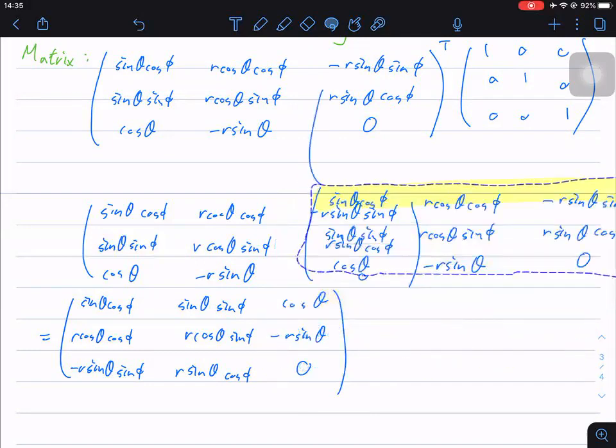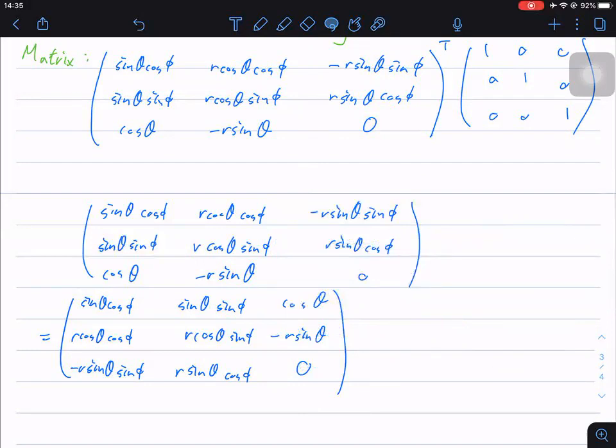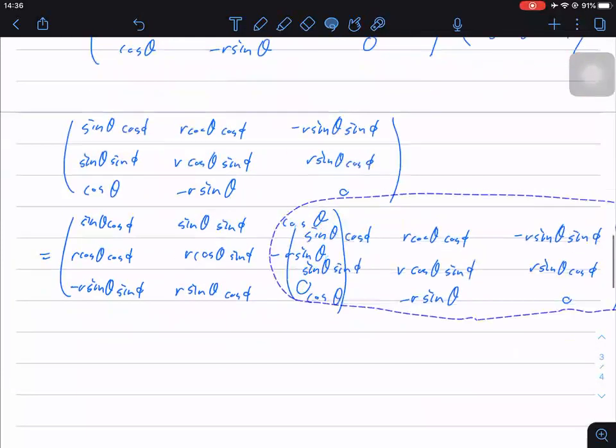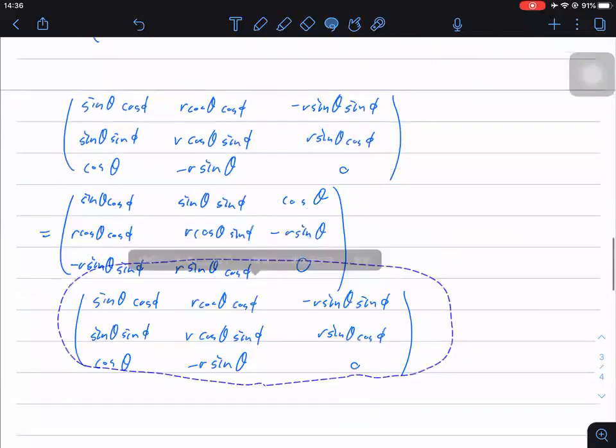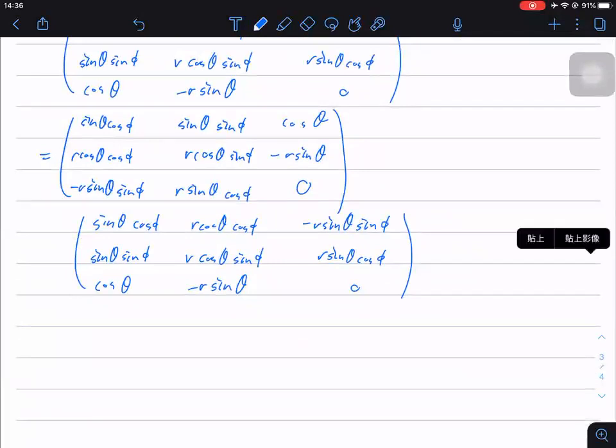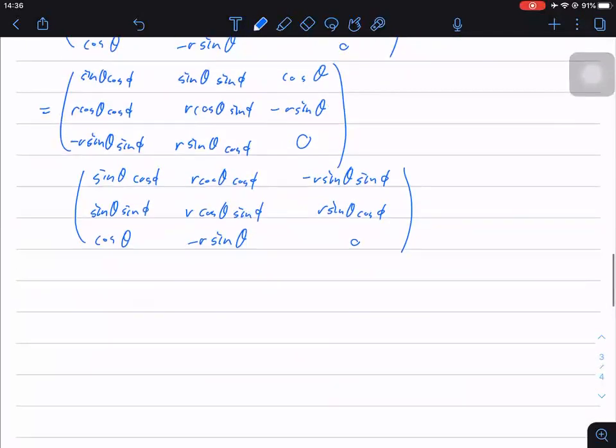Let me put it in the next column. How can I realize it should be a transpose from the index notation, just because the indices are written in a different order? Yeah, that's true, because you can see it using the matrix.